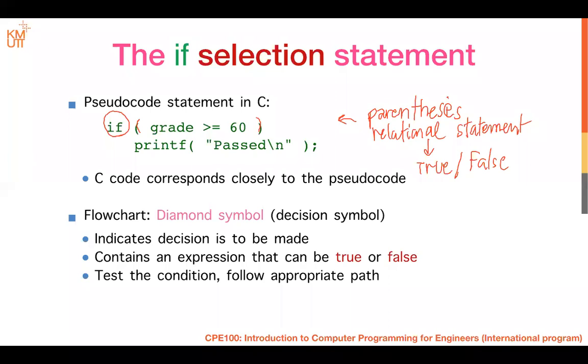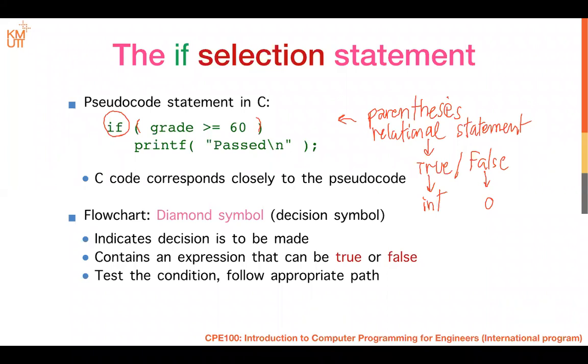I'm going to talk about this in detail later, but I will have you notice that in C programming, false will return an integer 0, but true will return any integer except 0.